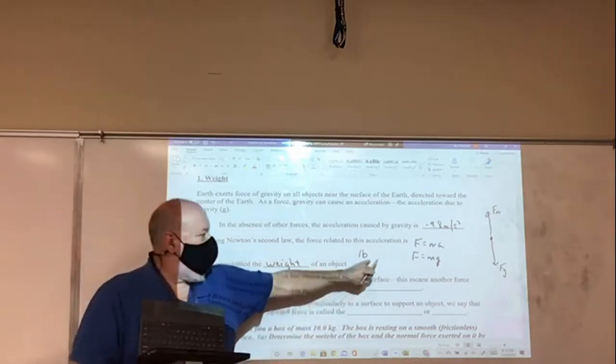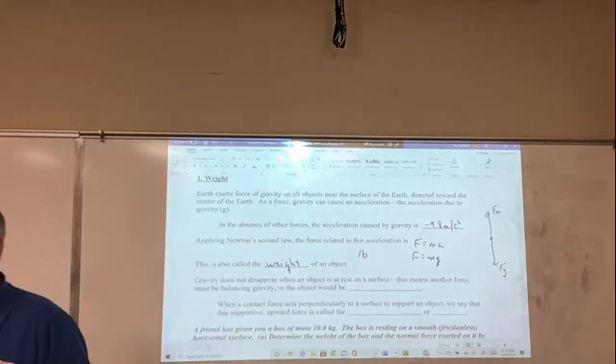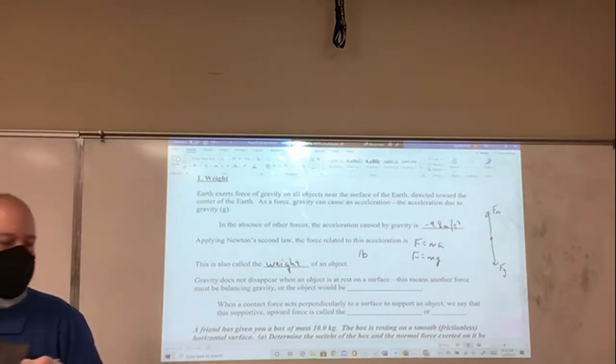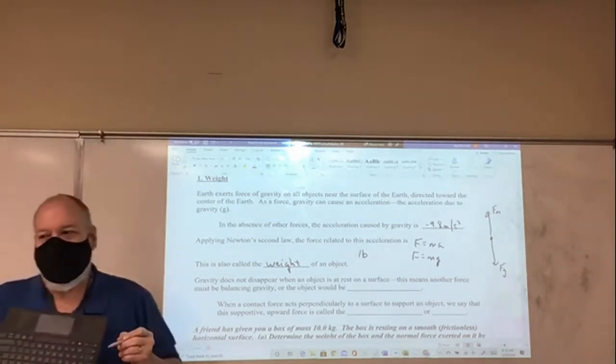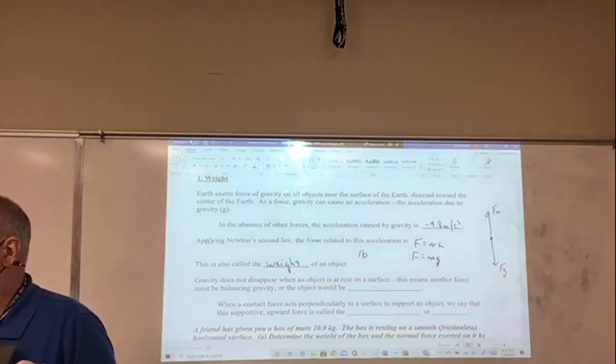But in the English system, we also have a different acceleration due to gravity. In the SI system, the acceleration due to gravity is negative 9.8 meters per second squared. Does anybody know what the acceleration due to gravity is in the English system?